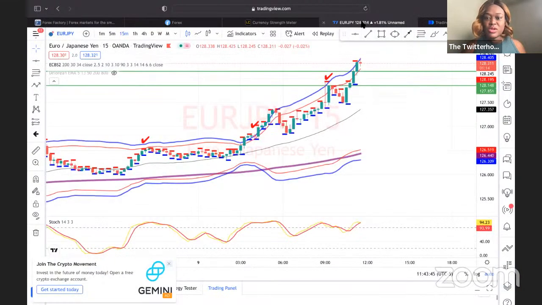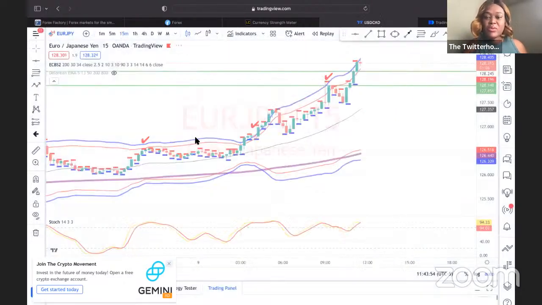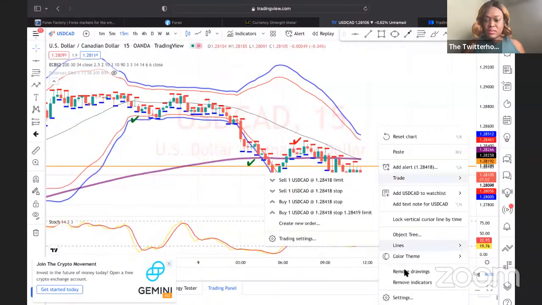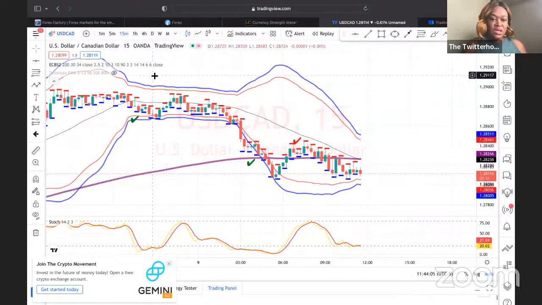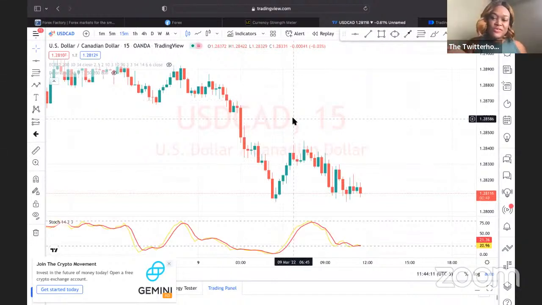We're going to go look at USD CAD that we were looking at for a sell. Remove drawings. It's selling as we speak. For a sell, where we buy the roof of an uptrend, we sell the floor of a downtrend.